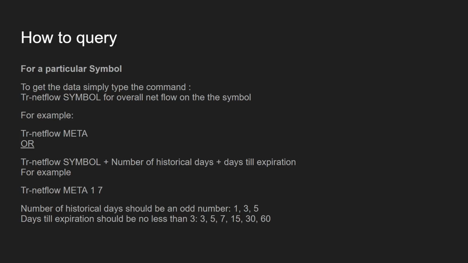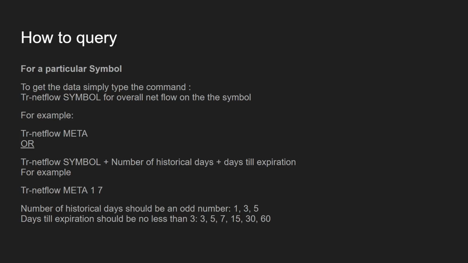So we start with how to query. Let's start by talking about querying this data for a particular symbol. Let's take Meta as an example. If I want to see the flow for Meta, or the sentiment for Meta, is it bullish, is it bearish, or is it choppy?